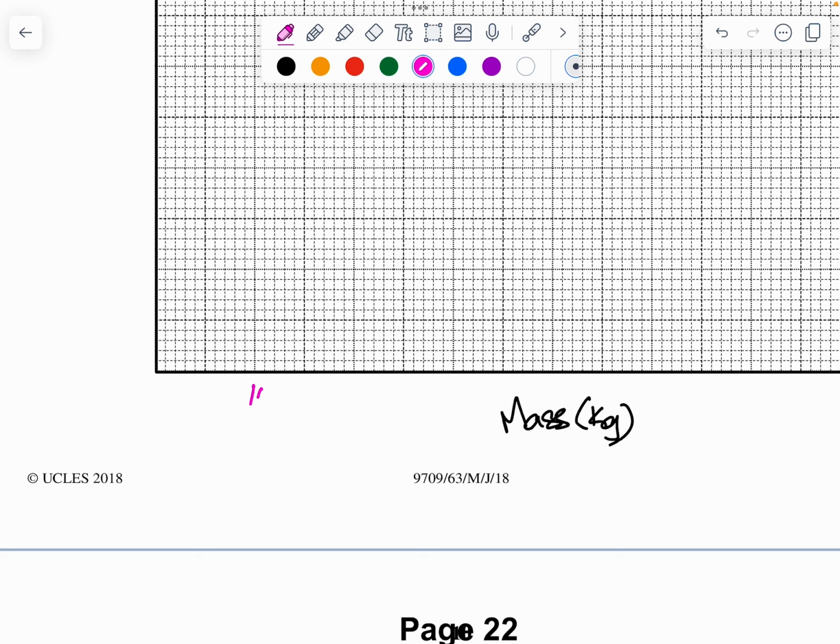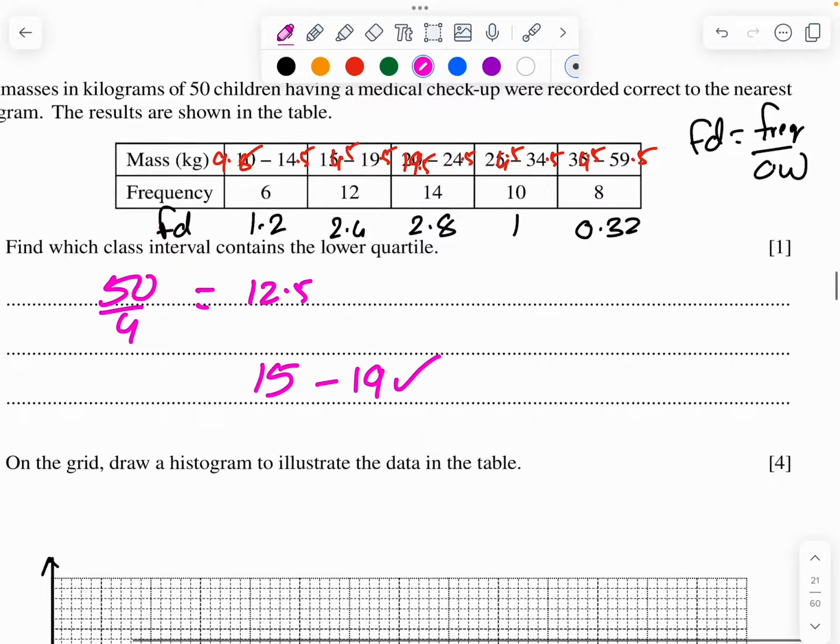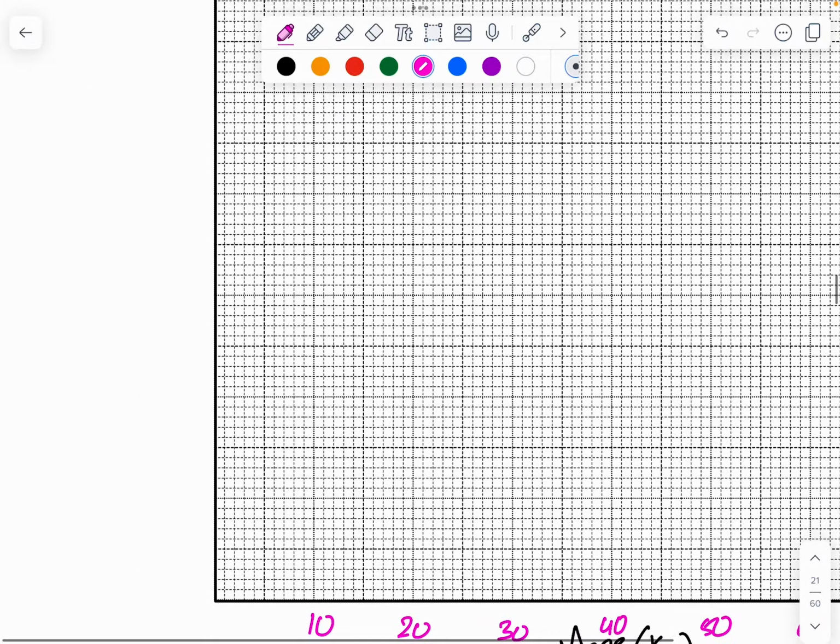So 10, 20, 30, 40, 50, 60. And my frequency density maximum is 3. So 1, 2, 3, 4.